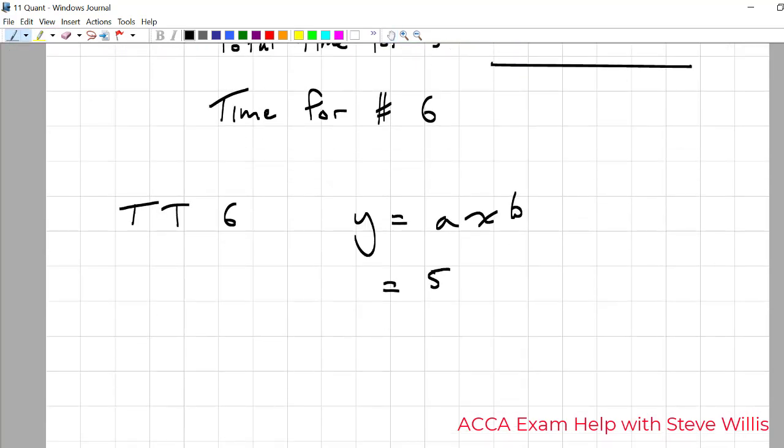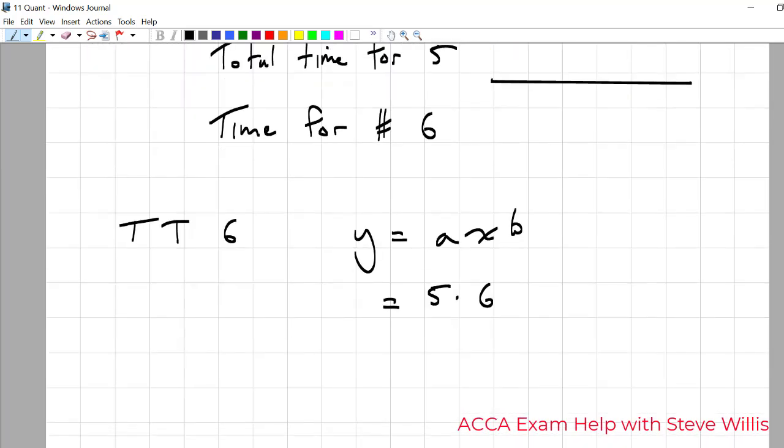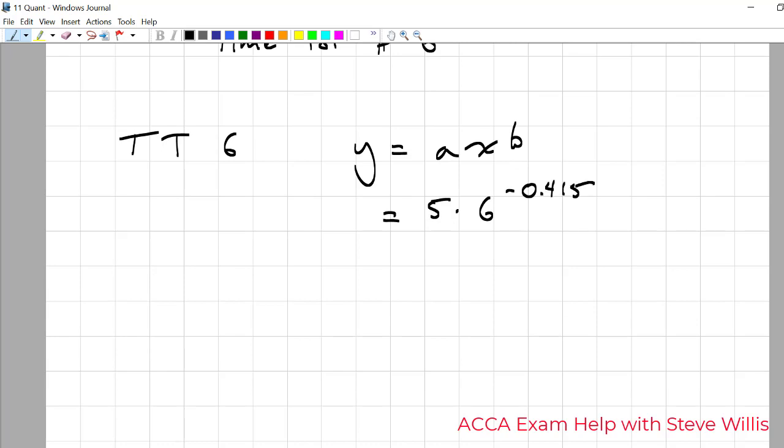5 hours. Okay, so let's come over here. That's going to be 5 multiplied by 6 to the power of negative 0.415. I'm going to put this into my calculator. Okay, in my calculator, I've got 2.377 and some more numbers there.